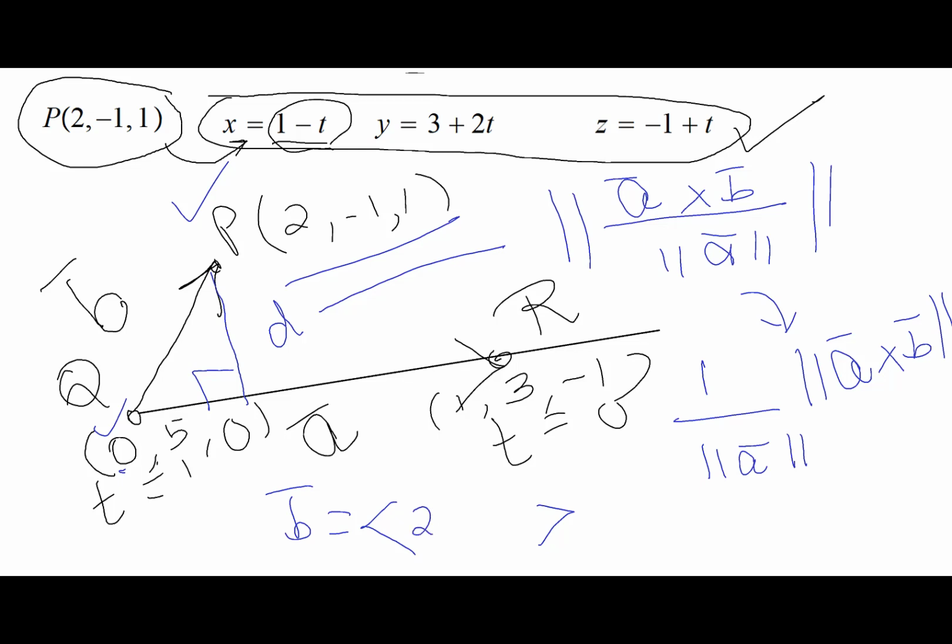So we will have 2 minus 0 as 2, -1 minus 5 as -6, and 1 minus 0 as 1. And my vector A is going to be 1 minus 0 is 1, 3 minus 5 is -2, and then -1 minus 0 is -1.